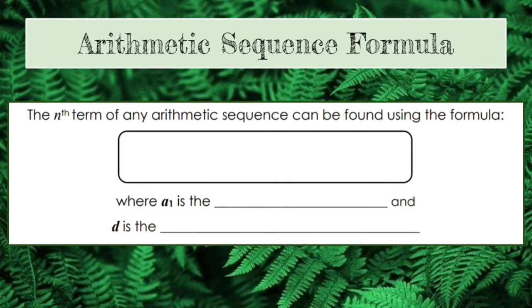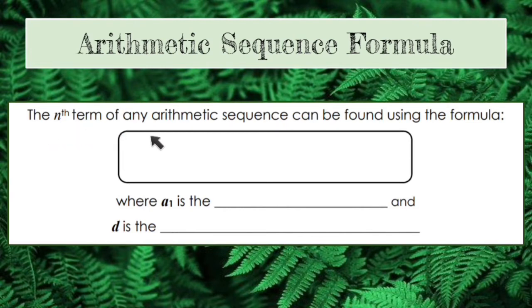Now we're going to learn the arithmetic sequence formula, and this is just going to make it quicker for us to identify the nth term of a sequence. The nth term just means any term that we want.